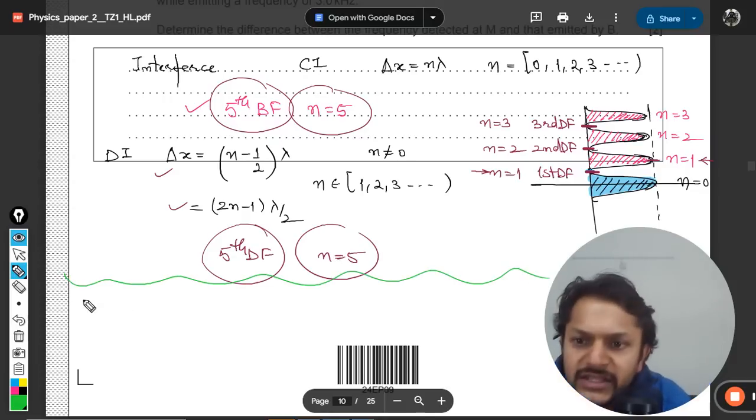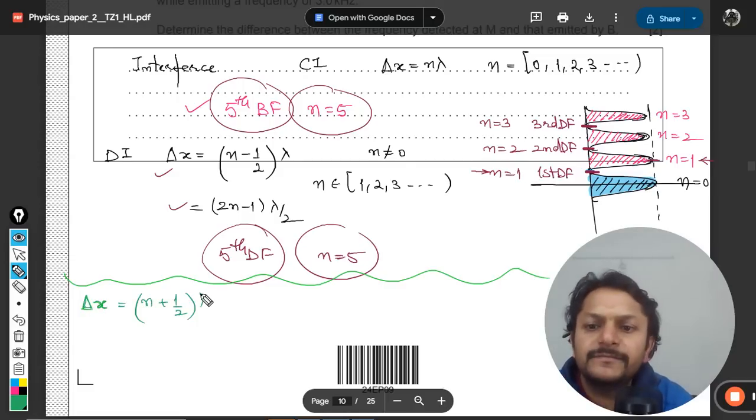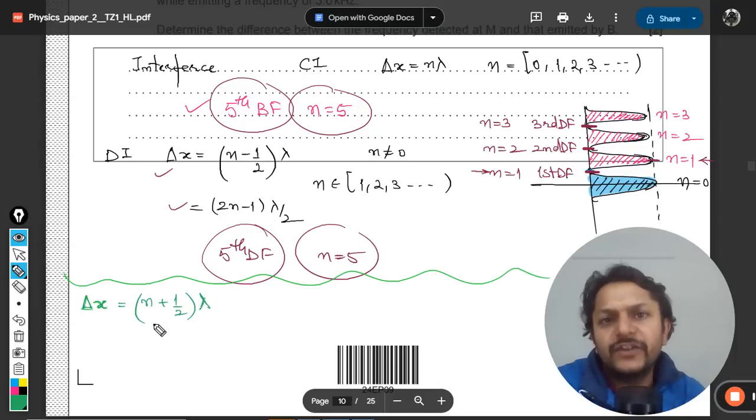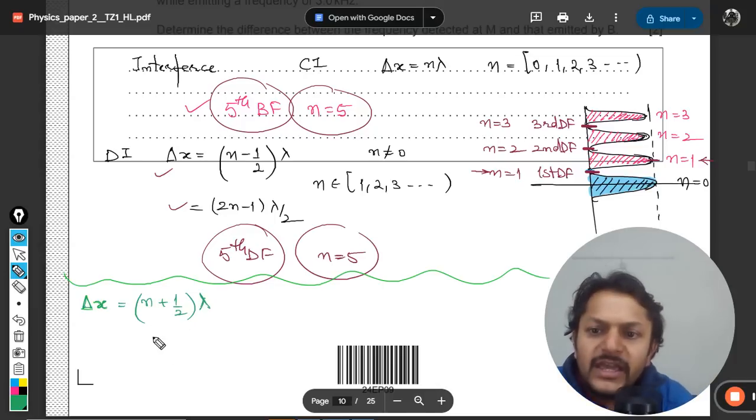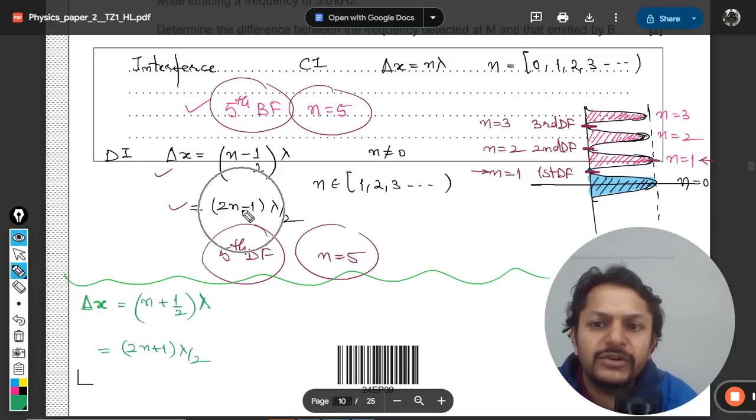Now see, the book is saying that the delta x is given by n plus half into lambda. Even this will become like 2n plus 1 into lambda by 2. Why is this formation and this formation important?